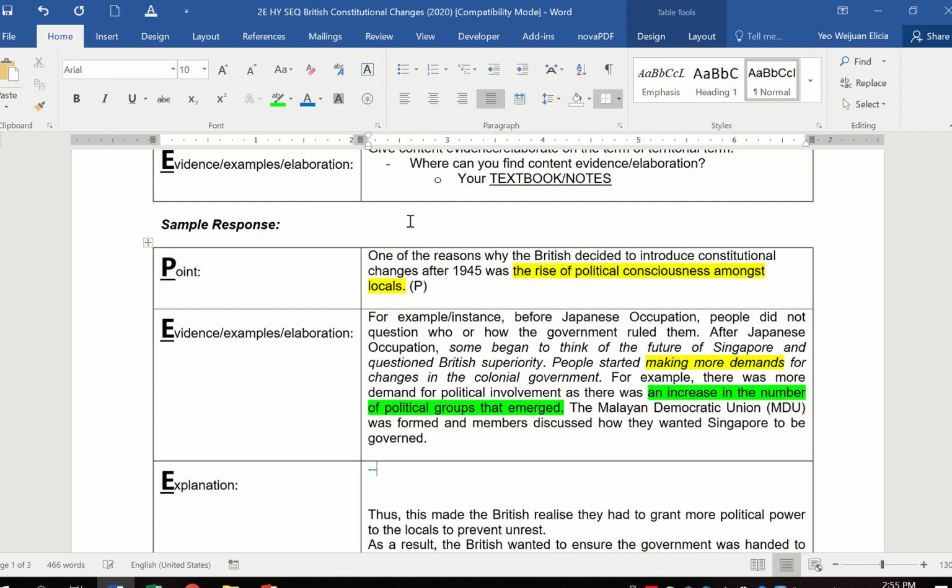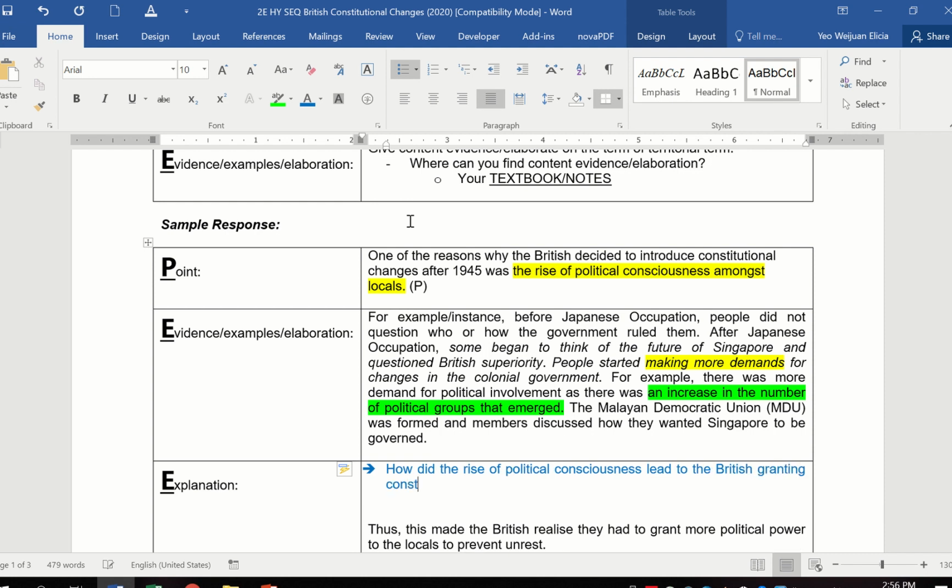So we should be thinking, how did the rise of political consciousness lead to the British granting constitutional changes? Right? So what if people were making more demands for changes?